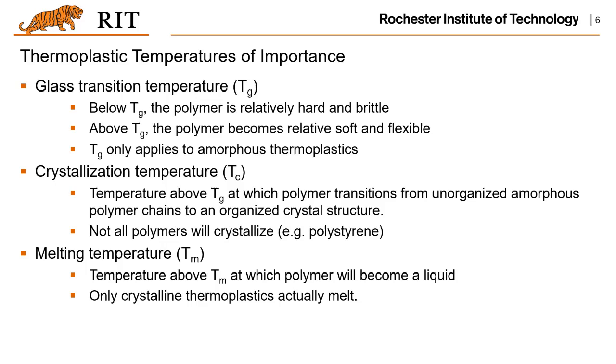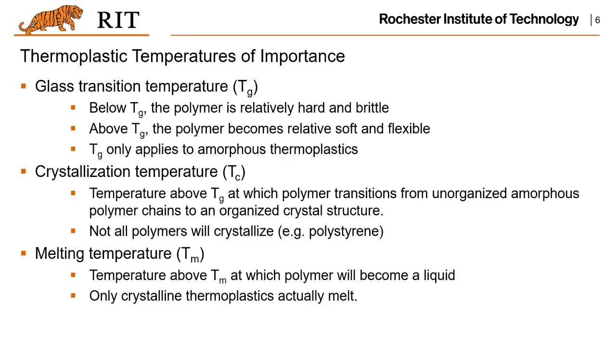Also, the crystalline temperature. Basically, if the temperature is above this crystalline temperature, the polymer will transit from the amorphous polymer chain to the organized crystalline structure.